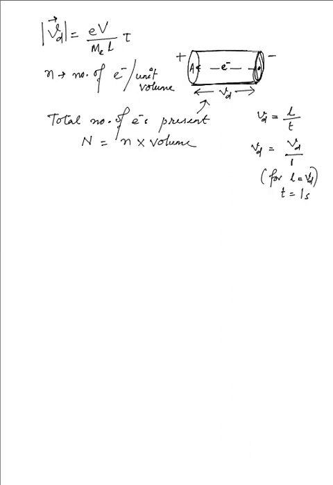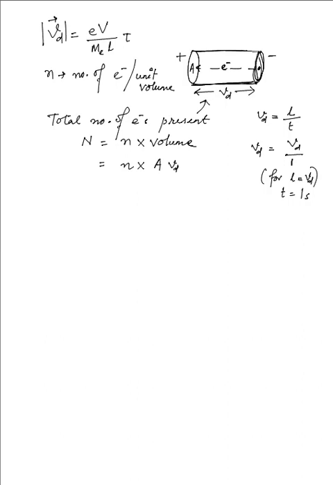The volume of the segment is the area of cross section A multiplied with the length, which in this case has a magnitude equal to the drift speed of an electron. So this being the volume, we now have the total number of electrons present.